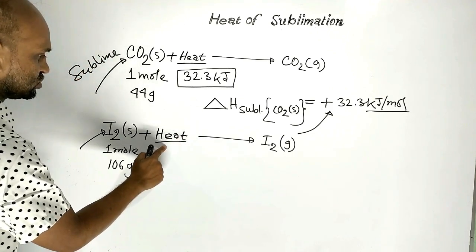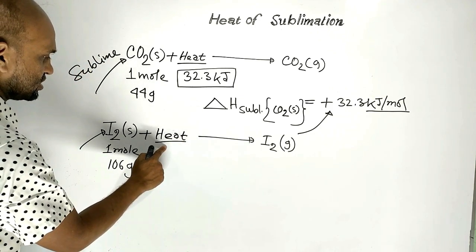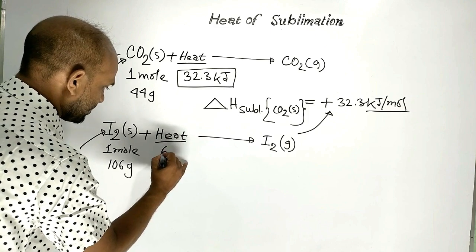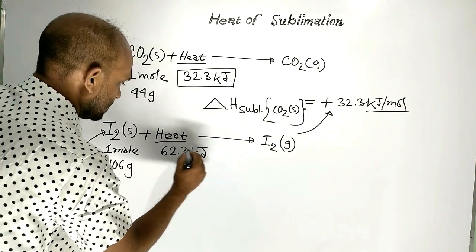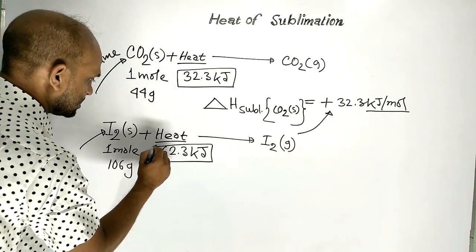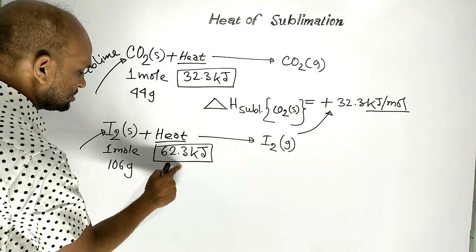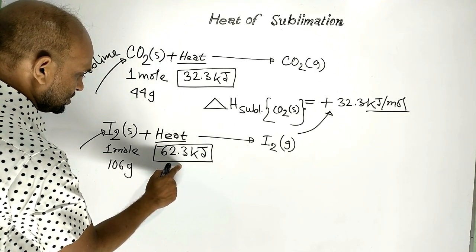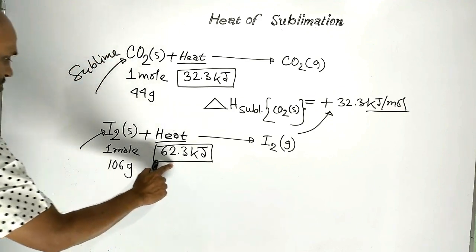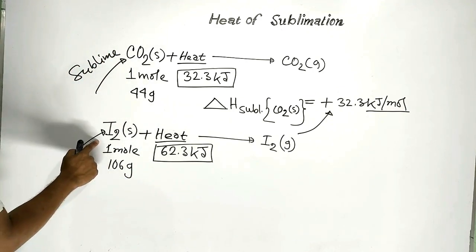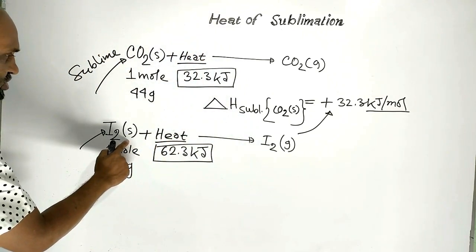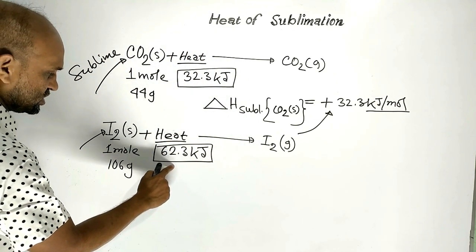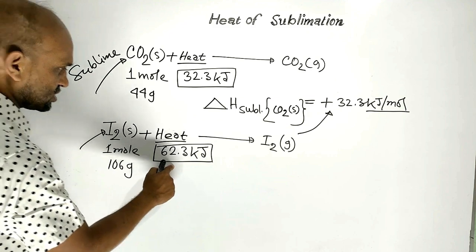This heat is known as heat of sublimation. Here, the amount of heat is 62.3 kilojoule. Actually, the heat or the energy which is required to convert 1 mole sublime from solid directly to gas is known as heat of sublimation.